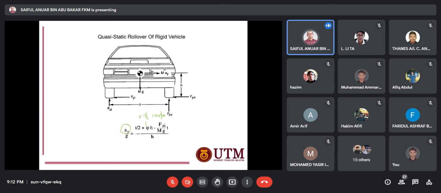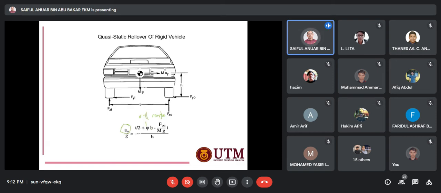Because it is a small value being subtracted and then divided by this constant, you are going to get a very high value, a very high acceleration, and then multiply by g.